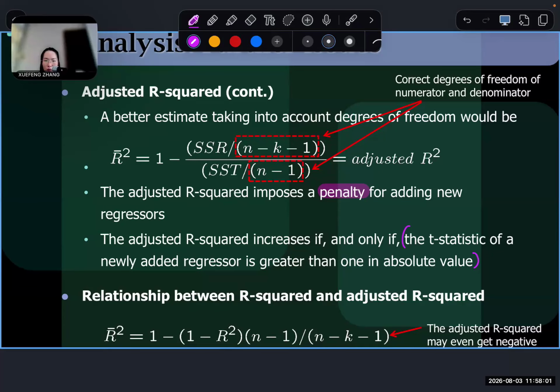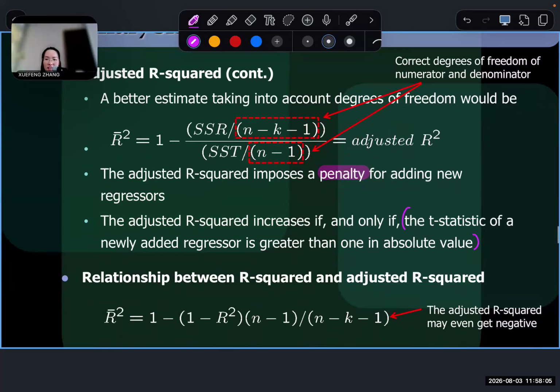Adjusted R squared increases if and only if the new variable's t ratio has absolute value greater than 1. Okay, this is the necessary and important condition. Add a useless variable, and adjusted R squared actually falls.